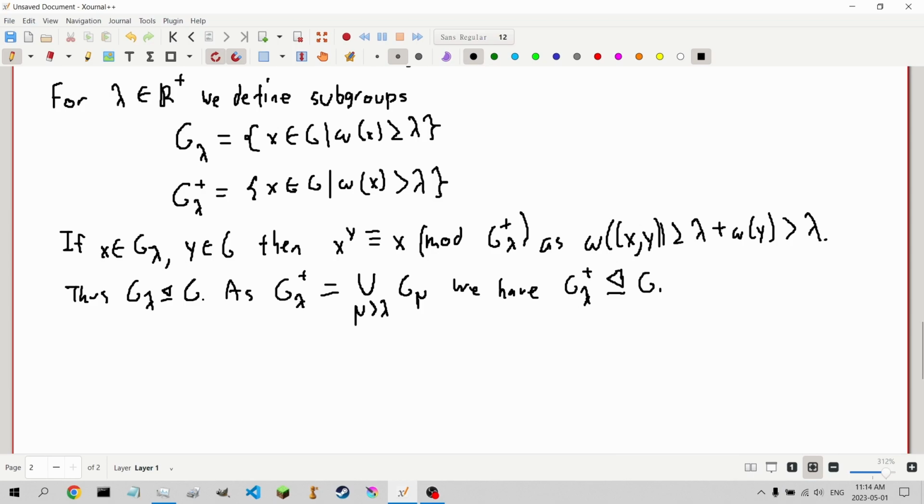And we see that the family of groups here that form G lambda is basically getting smaller as lambda gets bigger.